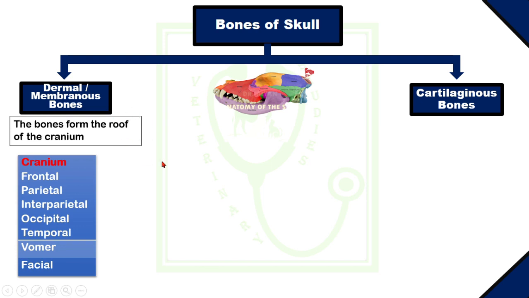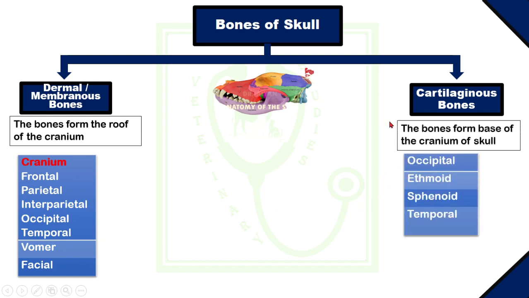Dermal bone includes paired flat bones such as bones of the cranium like frontal, parietal, interparietal, occipital, temporal, vomer, and facial bones. Whereas cartilaginous bones form the base of the cranium of the skull. It consists of irregular bones like occipital, ethmoid, sphenoid, and temporal bones.